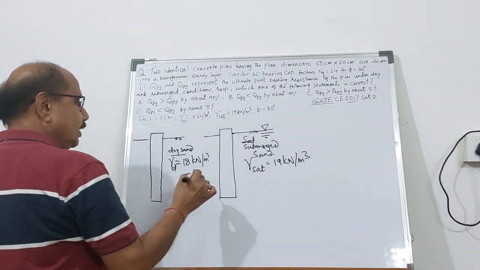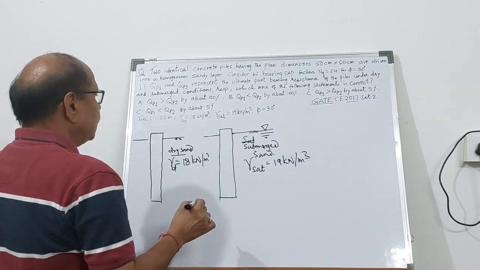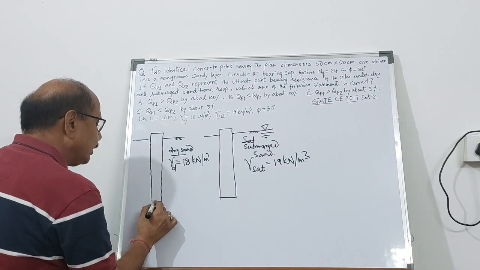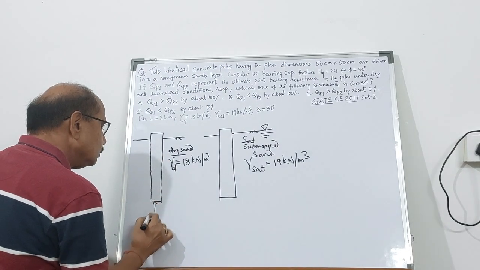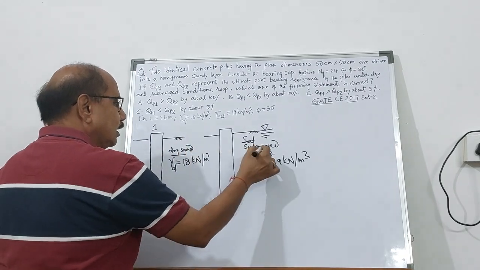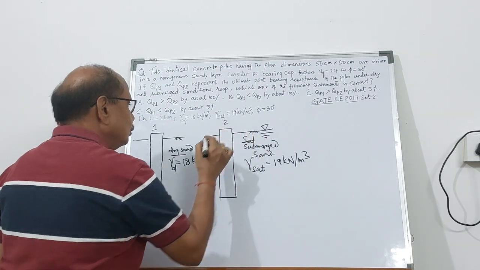Phi is 30 degree, the value of NQ is known, and we need to find out, this is 1 in dry sand and this is in submerged sand. This is number 2.